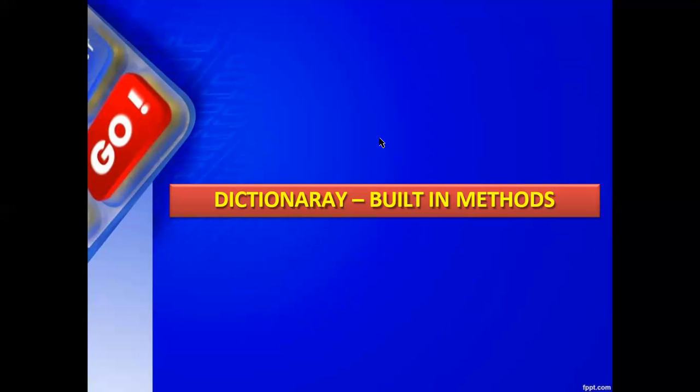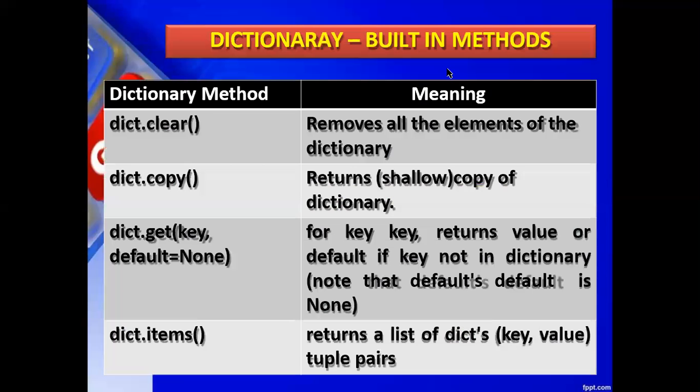Now let's look at the built-in methods of a dictionary. dict.clear removes all the elements of a dictionary.